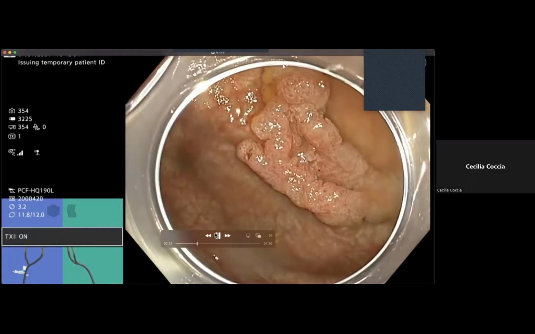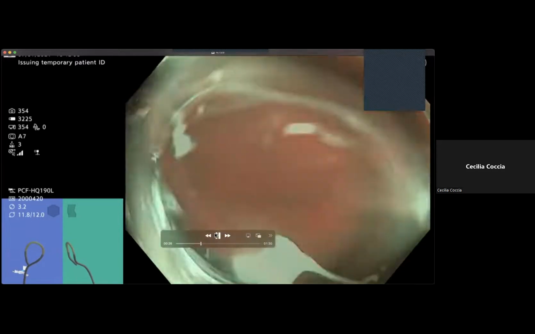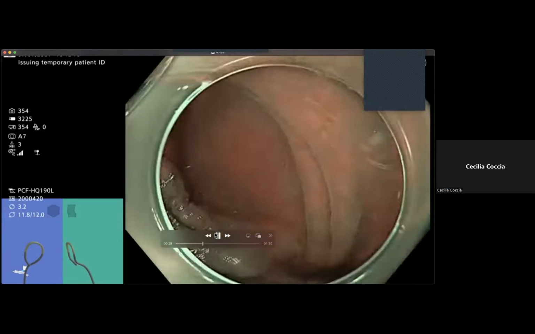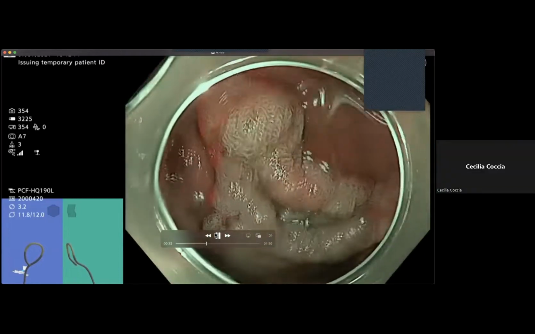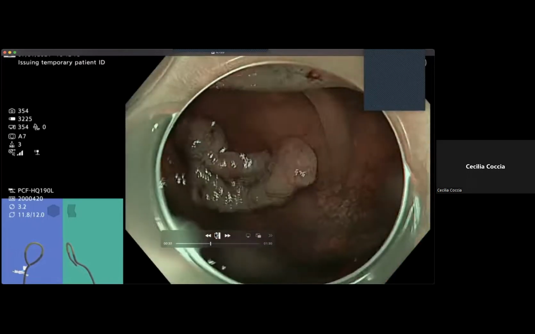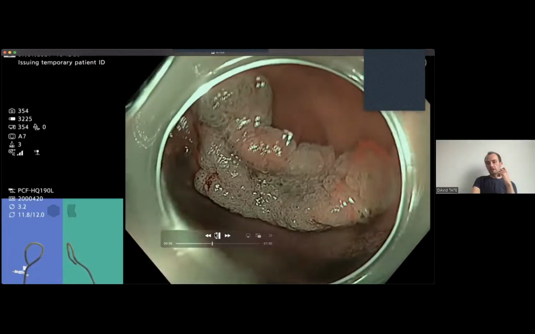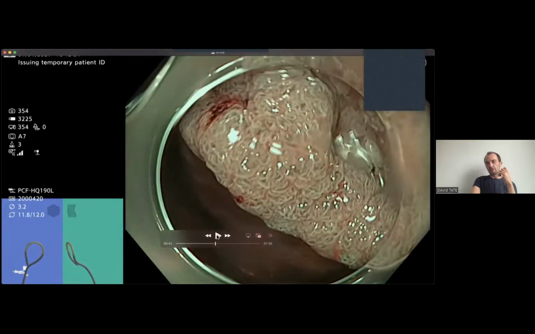So the size, I would say it's probably about 2 centimeters. Something like that, 20 millimeters, yeah. And then I'd say it's non-granular. So that's interesting. It's actually granular. This is the clear difference between non-granular and granular.